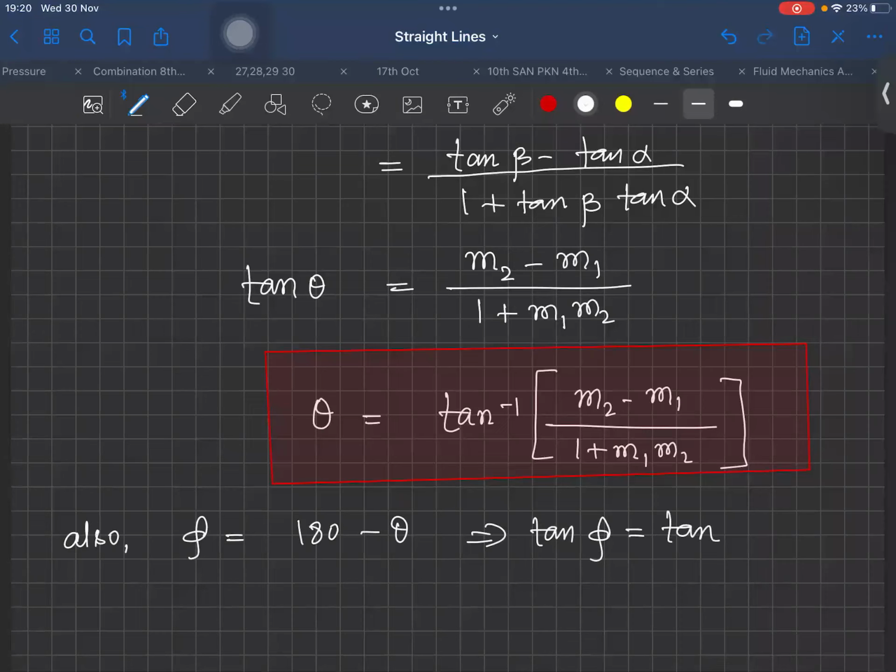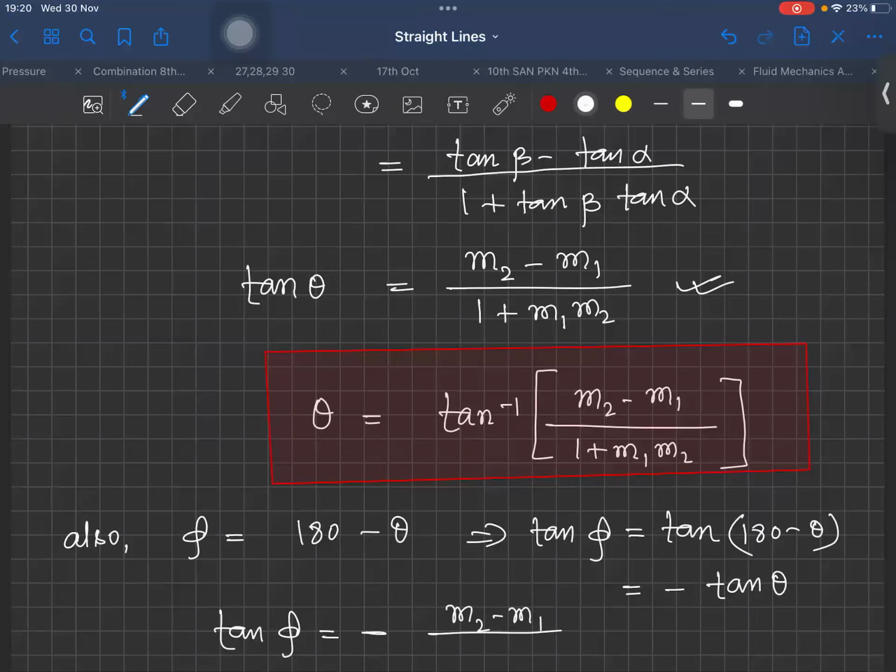Tan of (180 minus theta) is equal to minus tan theta. Right? And tan theta is here. So tan phi will be equal to minus of this value, (M2 minus M1) upon (1 plus M1 M2). So these are the two angles. You can find phi after taking the inverse, right? Got it? So these are the two angles between lines.